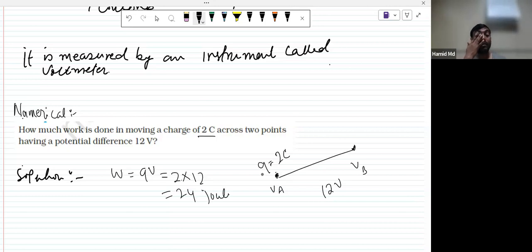Jaslyn, what is potential difference? Potential difference is the amount of work done to move a charge from one point to another point in a circuit. Okay, then what is electric potential?